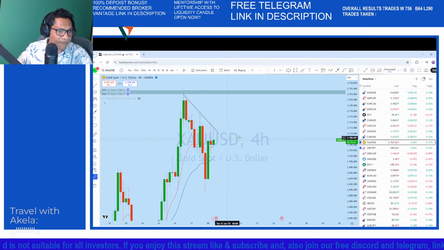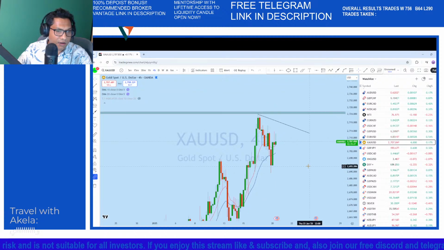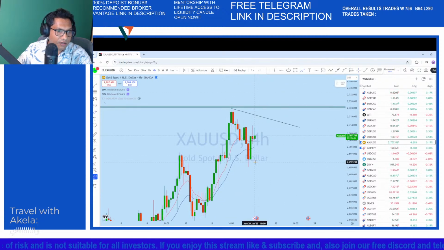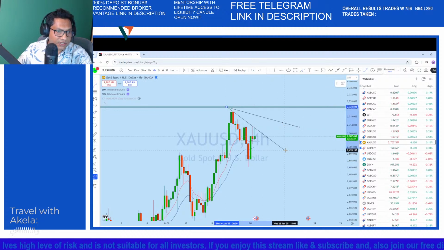This is the 4-hour price action, and in this 4-hour price action we can see from here this is an impulse, and with that impulse you can see this is a resistance line here.